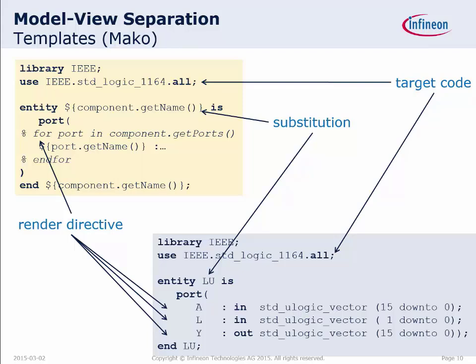So we have a lot of communication overhead in creating this generator. And the person who knows exactly what output code he wants, this RTL designer or test engineer, can very easily write a generator himself with a template engine.